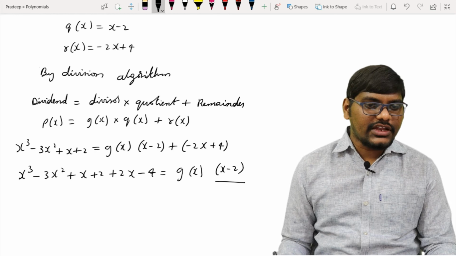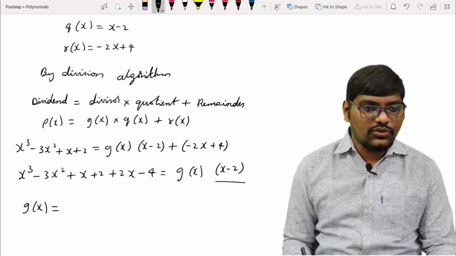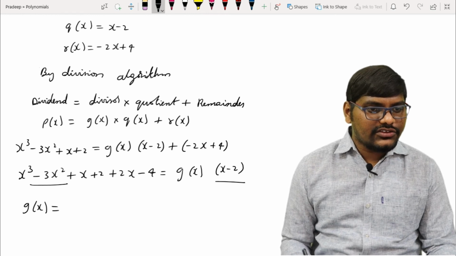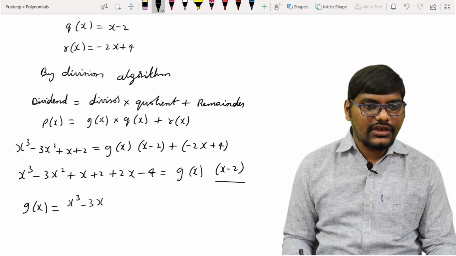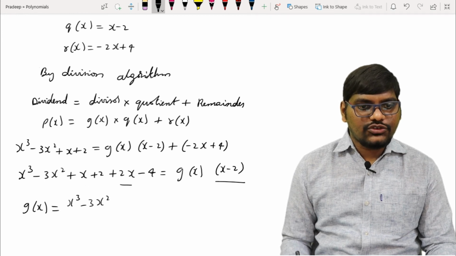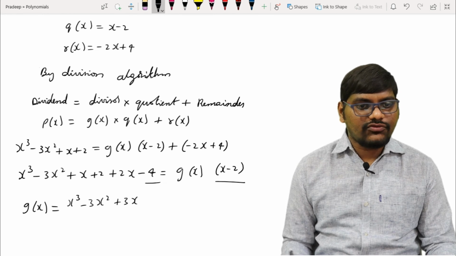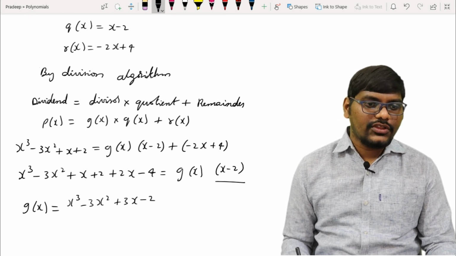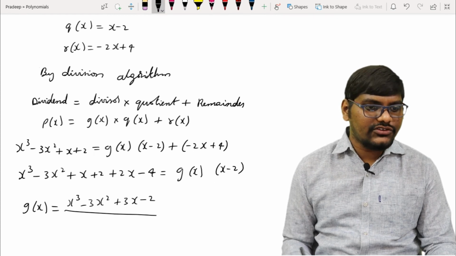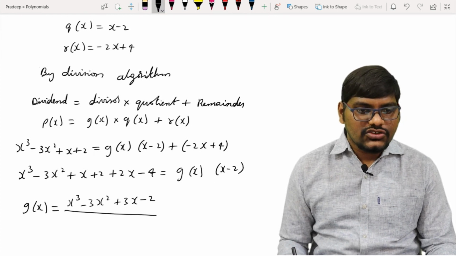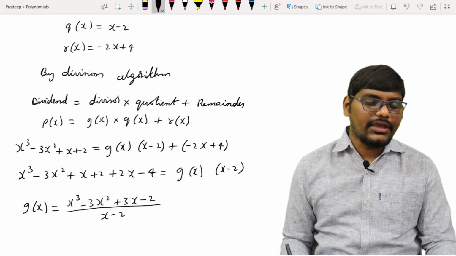This x minus 2 also I'll send to the other side, so I'll be getting g of x equal to these terms simplified, that is x power 3 minus 3x square, this is x plus 2x is 3x, and this is plus 2 minus 4, in the sense this is minus 2. So whole divided by x minus 2, this is coming to the other side and g of x is to this side, so in the denominator x minus 2 is coming.